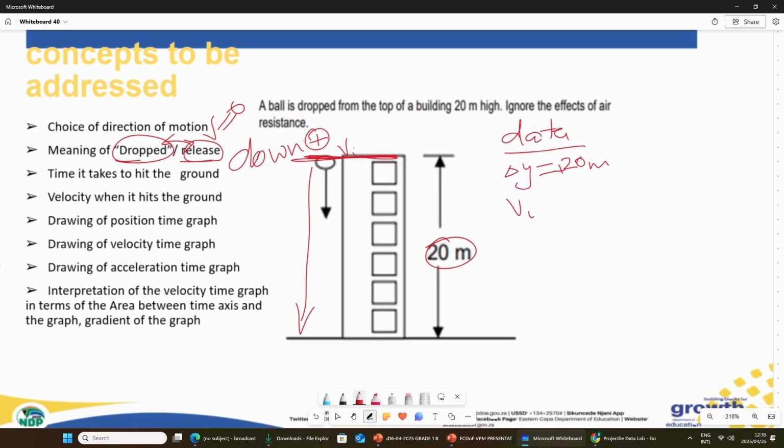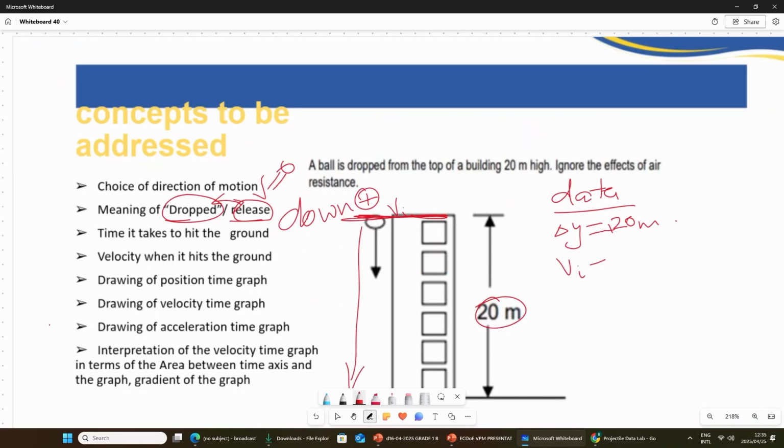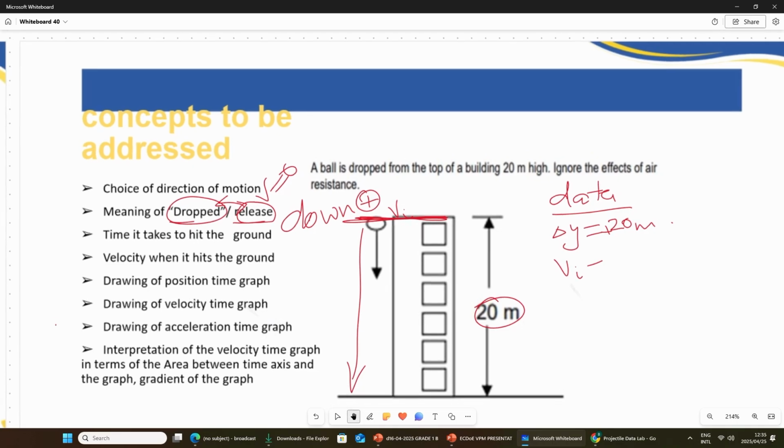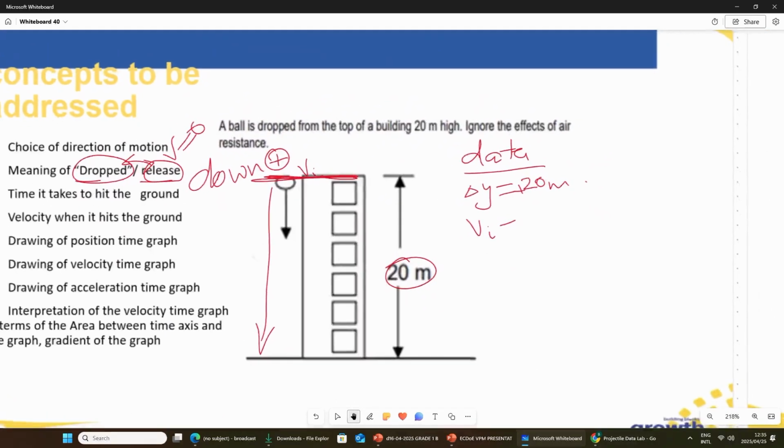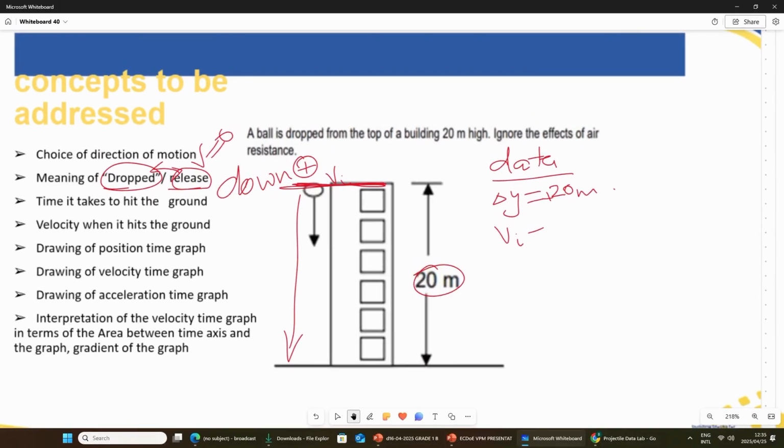Then also, we know that our initial velocity is given to be 0.